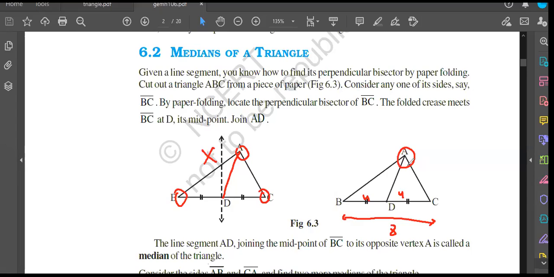Tell me, did you get this? Got it, everyone?